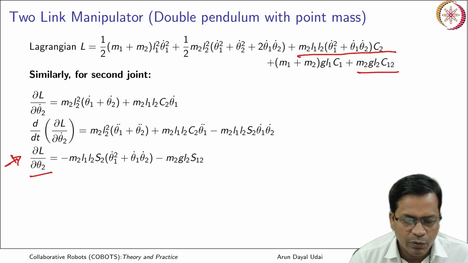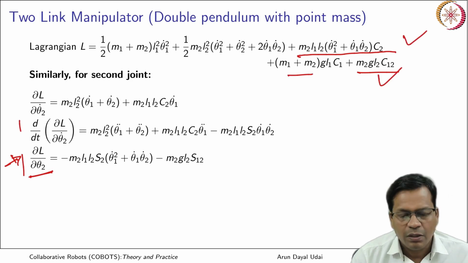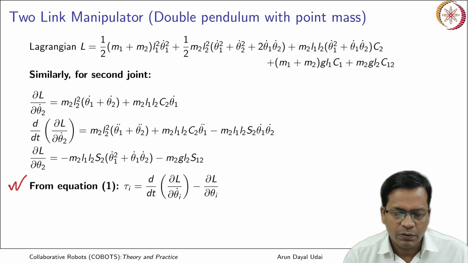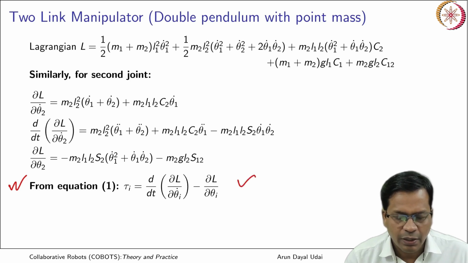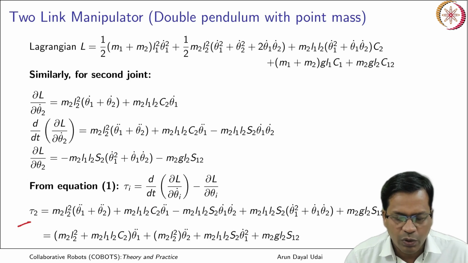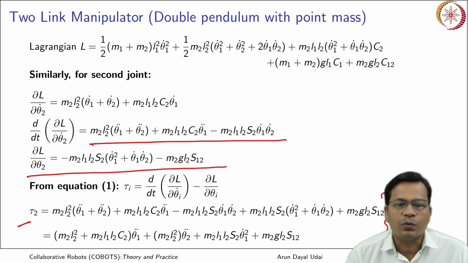So dou L by dou theta 2 would become derivatives of this and this. So both the terms of the Lagrange-Euler expression are obtained. From there I can obtain the equation of motion for the second joint. So from equation 1 again I can take the sum of both of these and I can write tau 2 is equal to the sum of this and this. So it gives me tau 2.